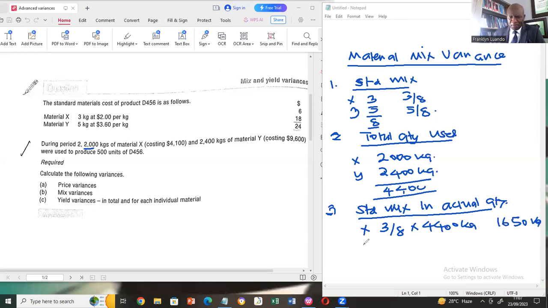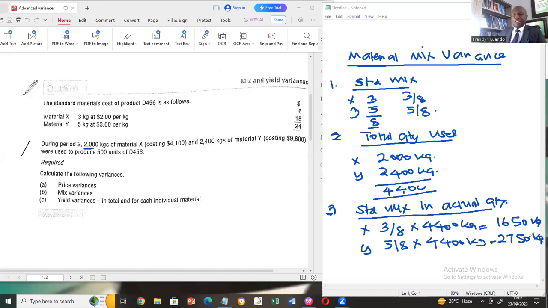For Y, we have 5/8 multiplied by the total quantity, 4,400 kilos. There we have 2,750 kilos.